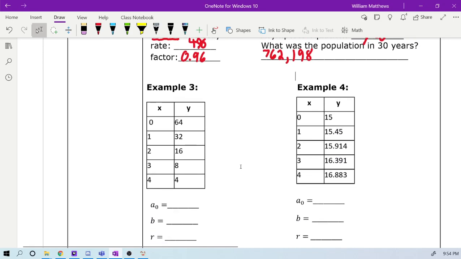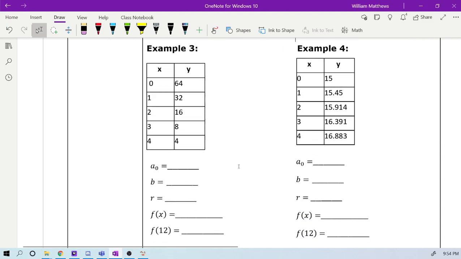Now, just going from raw data, such as a table, you can break some of this down relatively quickly. We know that the starting value is when our x value is 0. That means that our y value, the 64, is where we're starting.